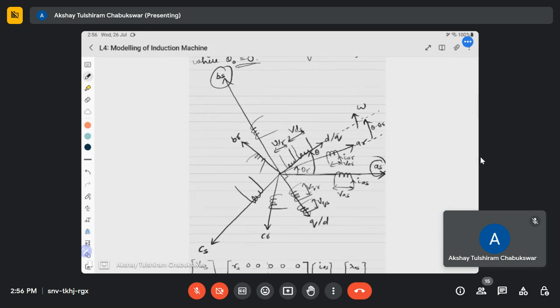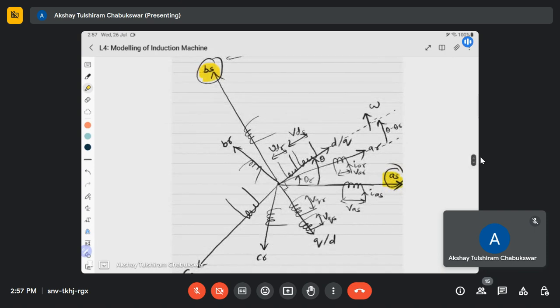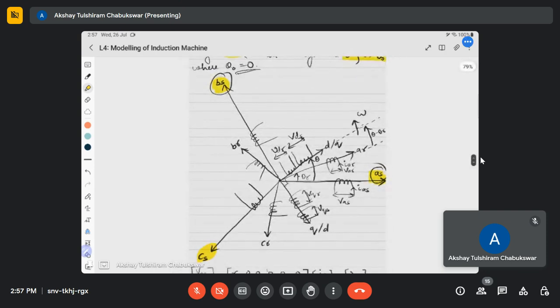Using the primitive analysis of motor modeling, as I told earlier, we are analyzing this machine in three phase because we have a three phase supply. In this vector diagram, I have drawn three vectors: this is VAS, this is VBS, and this is VCS.